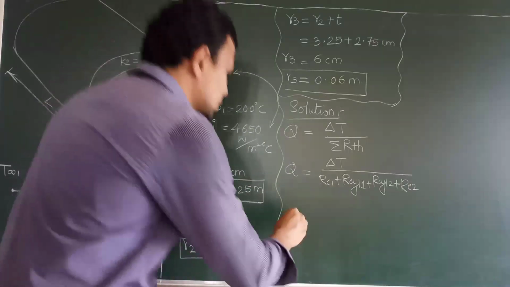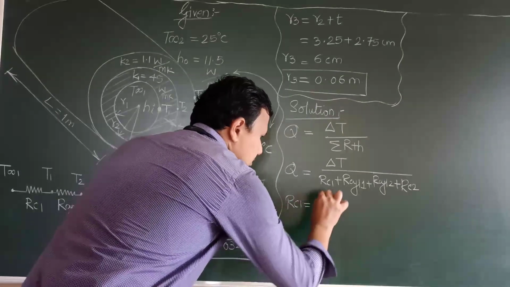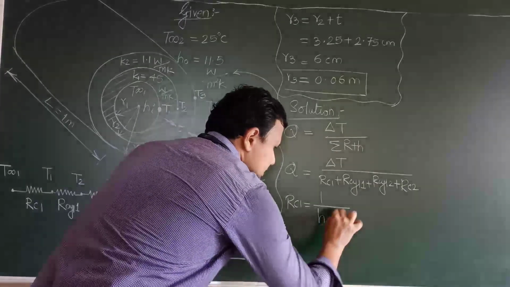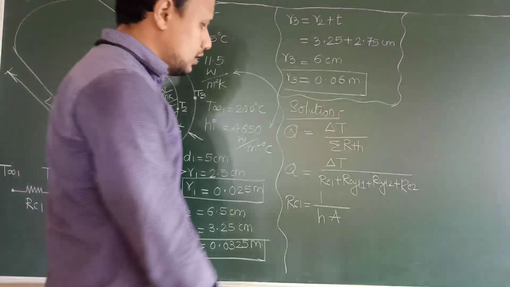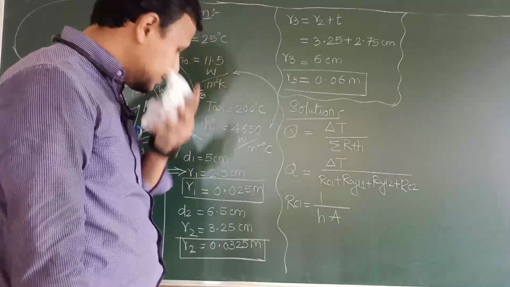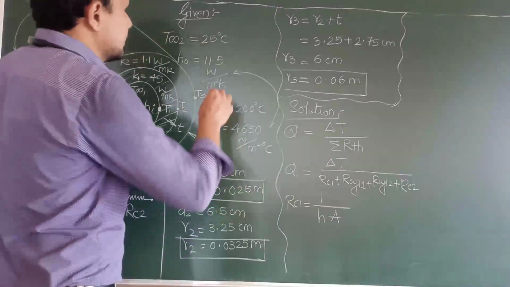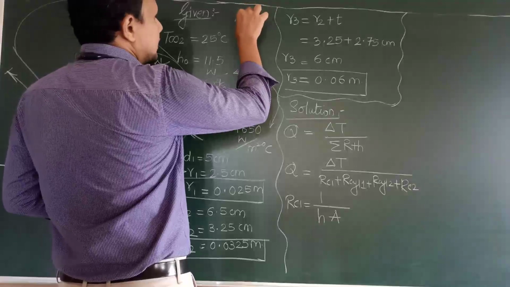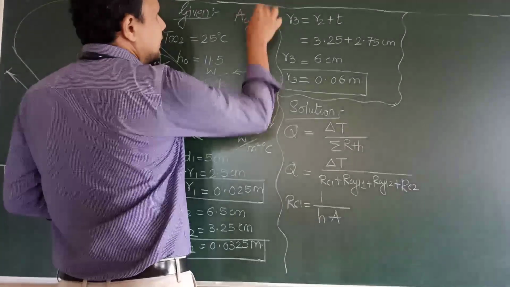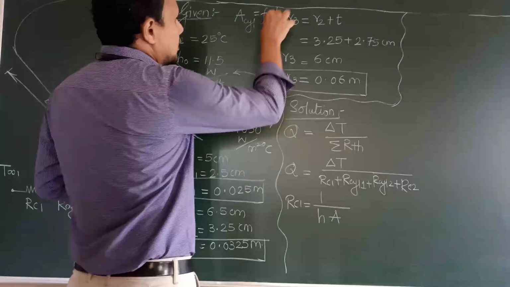So let us see how to do it. RC1 is convection, so it will be simply 1 upon HA. But now this is not a plain wall. The dimensions or the parameters change over here. So we have already understood that in the case of a cylinder, the most important thing we need to understand is that the area of a cylinder at any cross section is a function of radius.